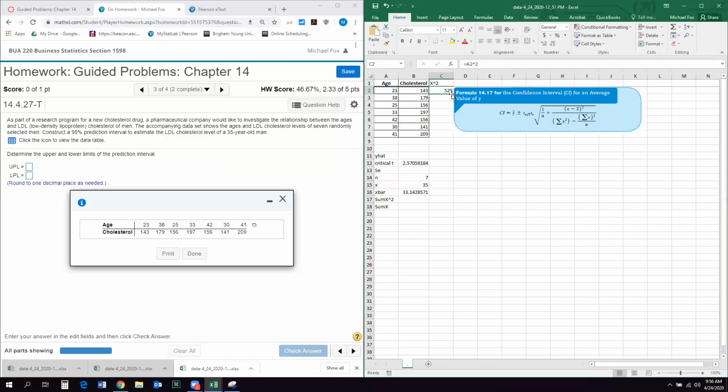All right. So the sum of X squared is just the sum of each of those values of X squared. And then the sum of X, same thing, we just take all the X's and get the sum of them.